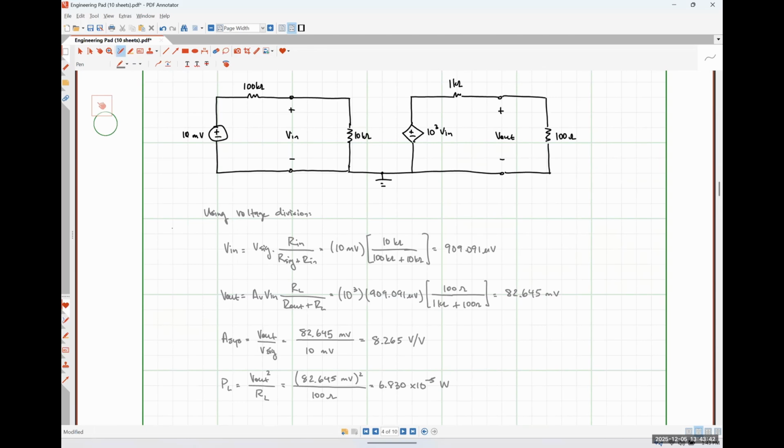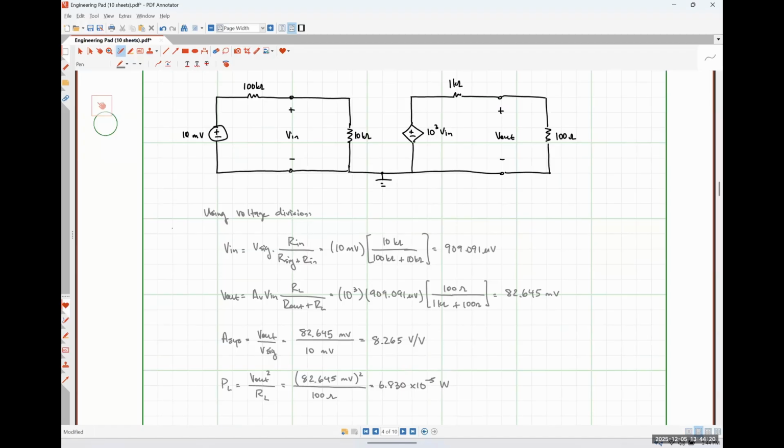So if I had an amplifier to where the input resistance was larger, what I would see is that my system gain would go up, okay? Because that voltage divider ratio right there, when I'm calculating Vin, would be larger. So if Rin is larger, then Rin over R sig plus Rin is going to be larger as well, which means more of V sig gets preserved as it goes to the input of the amplifier.